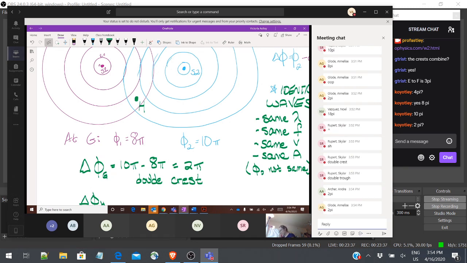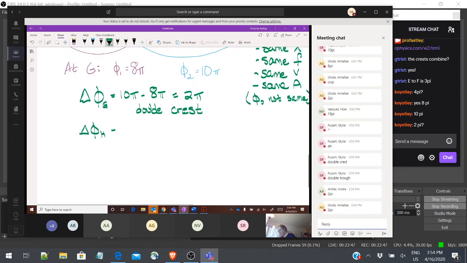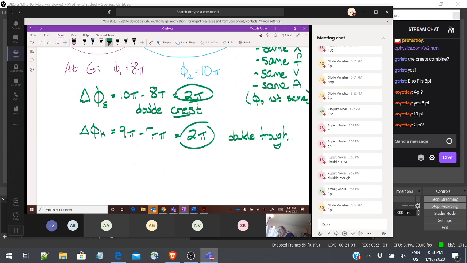Yeah. So it's 2, 4, 6, 7. 2, 4, 6, 8, 9. So it is 9 pi minus 7 pi equals 2 pi, double trough. So they have the same phase difference, but one's a double crest and one's a double trough.